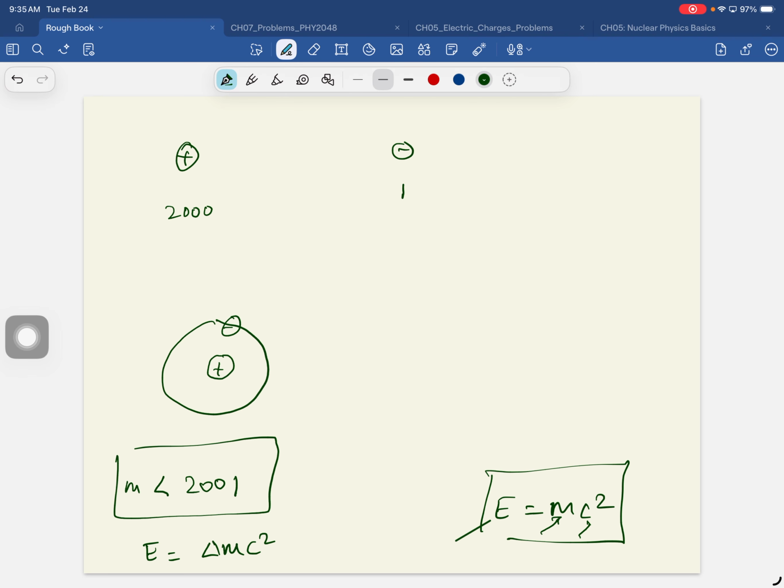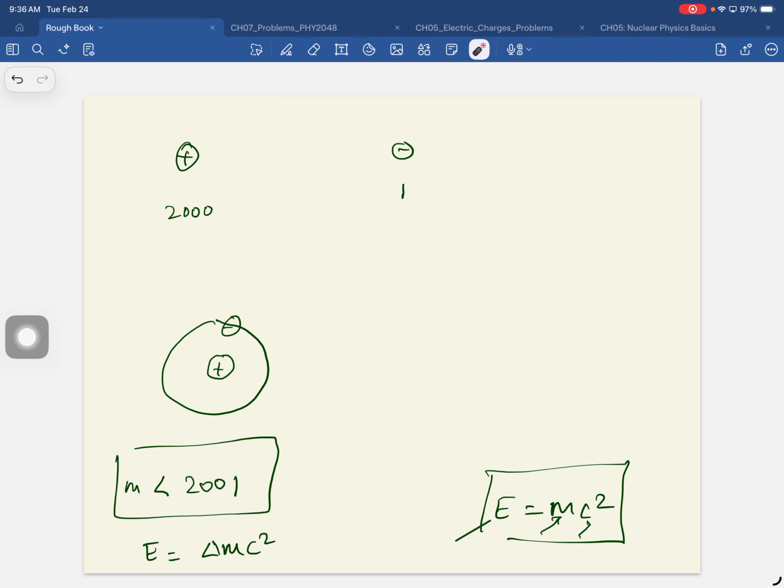So in making that bound state, that energy was lost. Well, the energy wasn't lost, it was given away to the environment, so to speak.